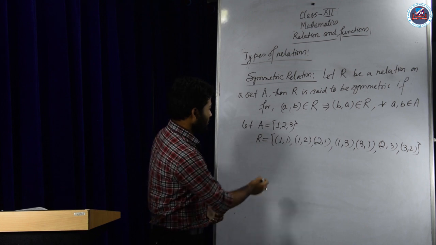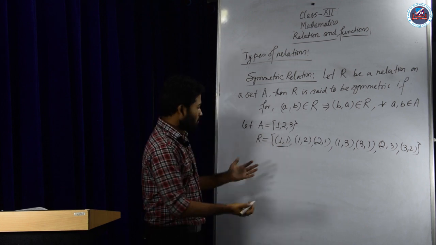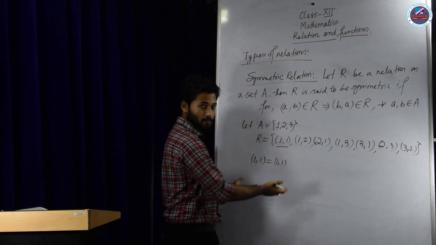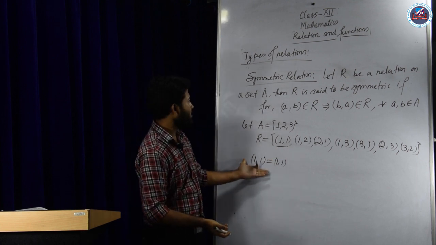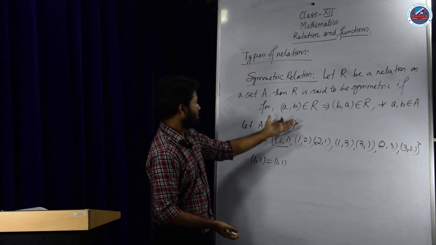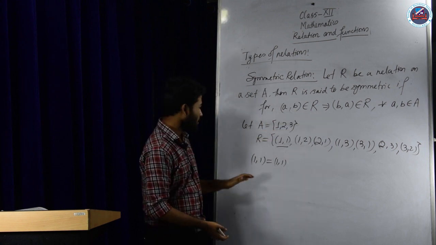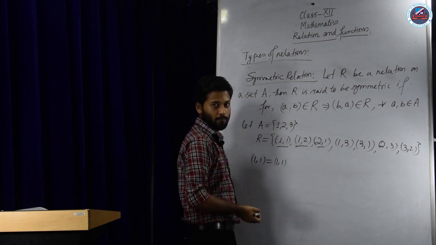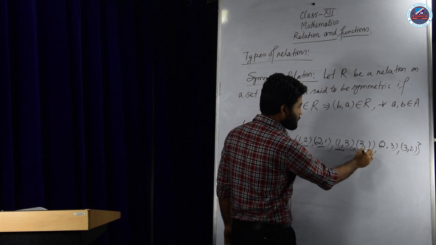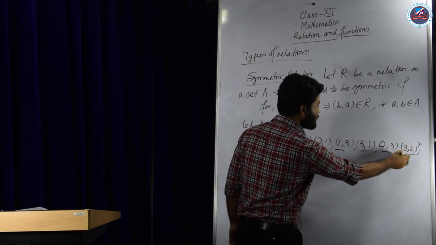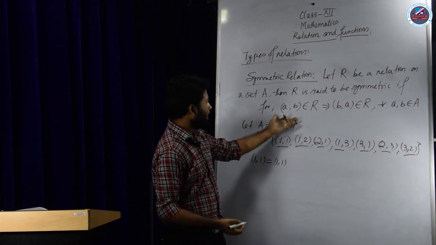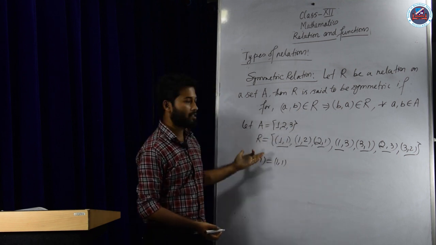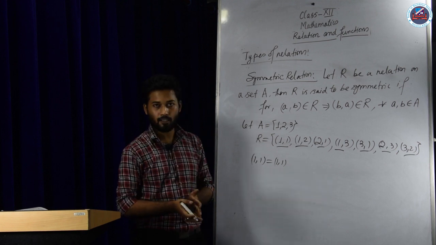Just take the elements. The first one is (1,1). (1,1) is definitely equal to (1,1). Clear? So obviously this property holds. Now for (1,2) we have (2,1) here. For (1,3) we have (3,1). For (2,3) we have (3,2). So for every (a, b) belonging to R, we have (b, a) belonging to R. So this type of relation is called a symmetric relation.